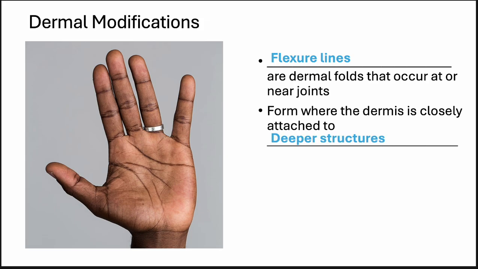So this is going to be found where the dermis is closely attached. Mainly you see them on the wrist, fingers, soles, and toes. So you can see some of the dermal lines here, or flexure lines here, and some lines on your palm here.